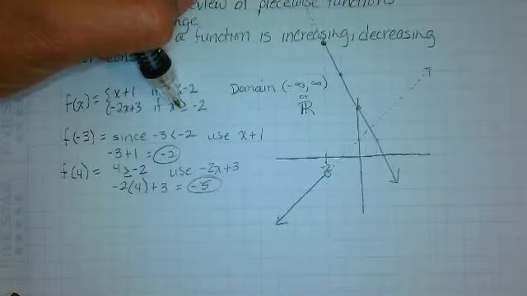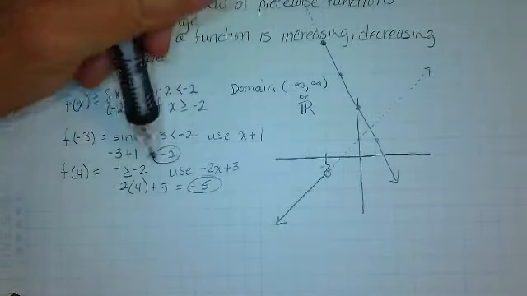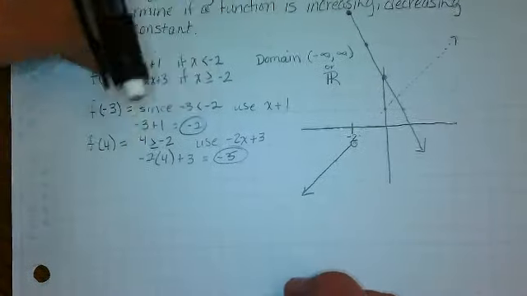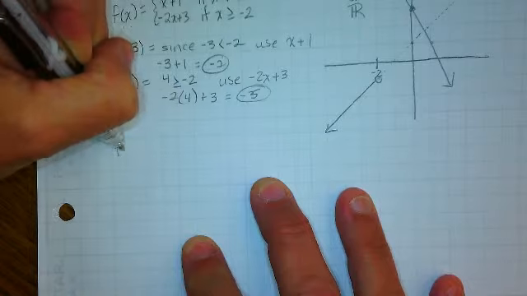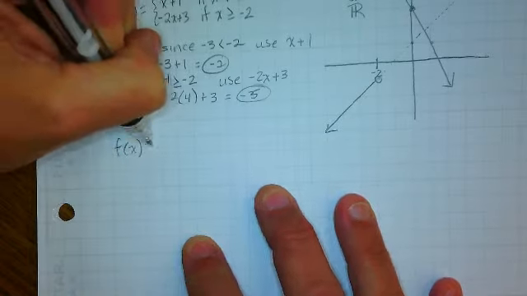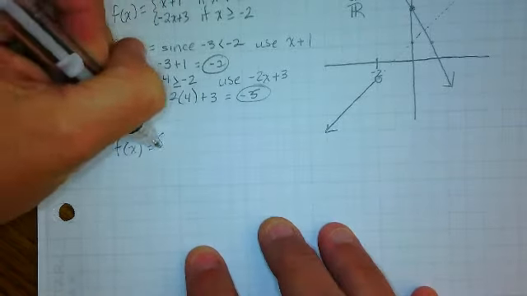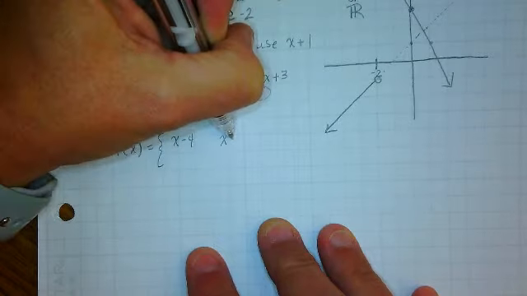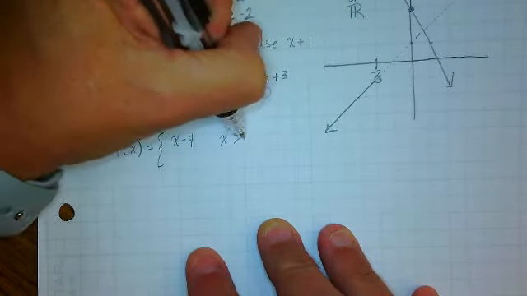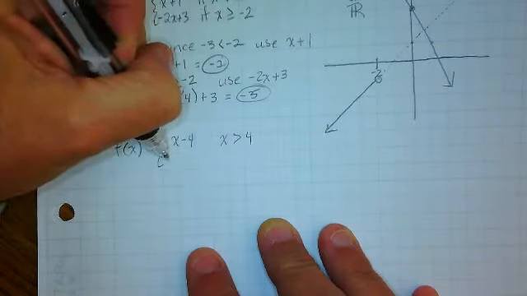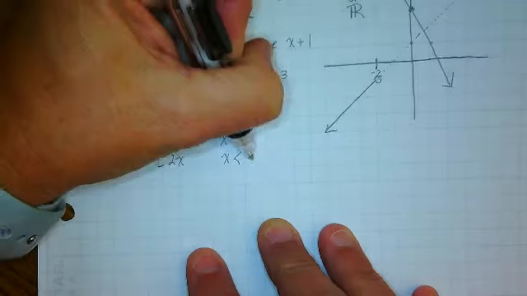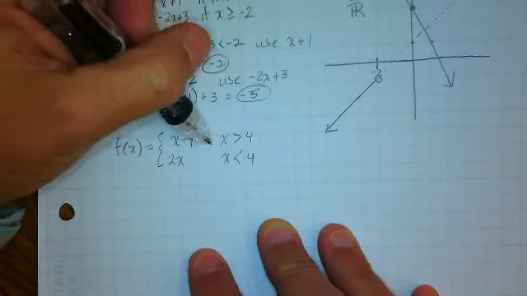So on the ones, if they would have said greater than right here and not greater than or equal to, your domain in interval notation, well, let's just do one real quick, it's faster. Let's say f of x is linear. It's x minus 4 if x is greater than 4, and we'll just say 2x if x is less than 4.